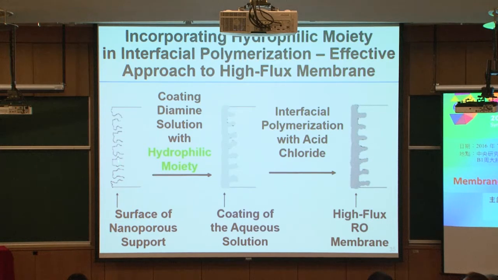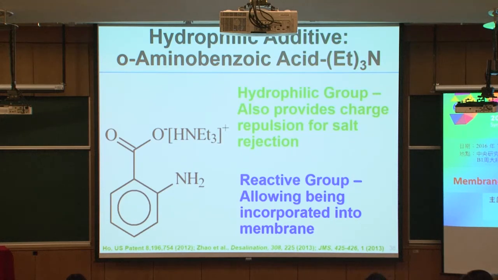So we take a polysulfone nanoporous support. Here is the surface porous structure. We coat amine solution there, to fill up those porous structures. We put a coating of amine solution in there, and then we contact this with a hydrocarbon solution that contains the acid chloride, to do the interfacial polymerization to make the so-called interfacially polymerized aromatic polyamide membrane. Okay. So for the additive, we have identified 6 groups of chemical compounds.